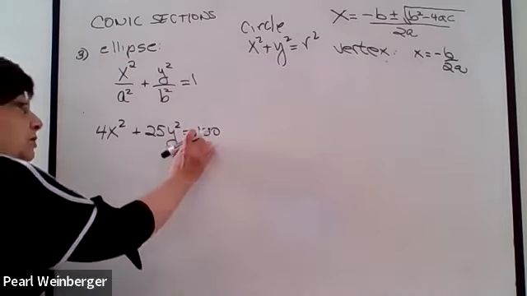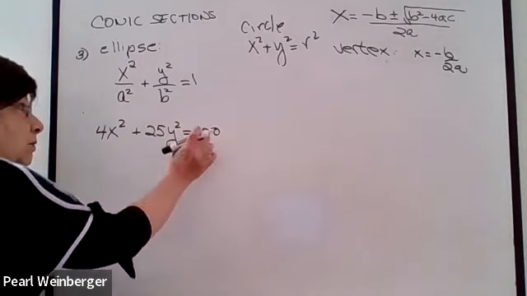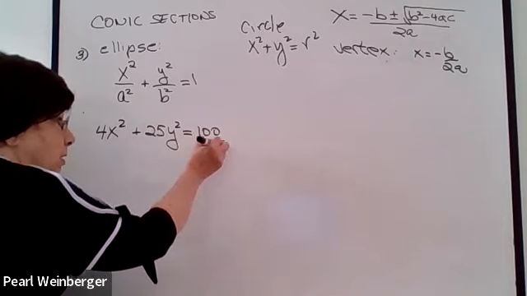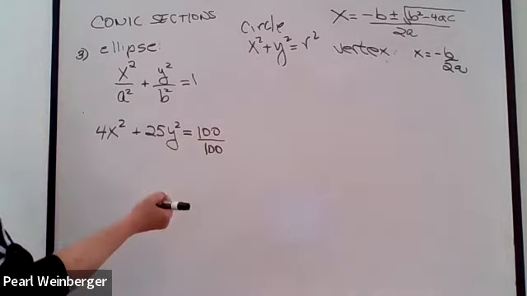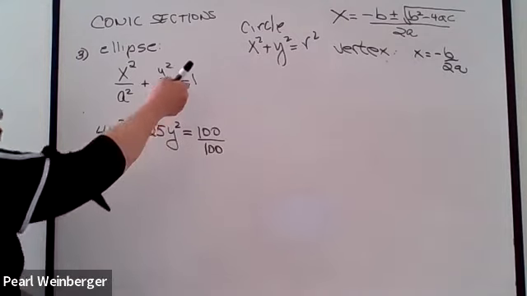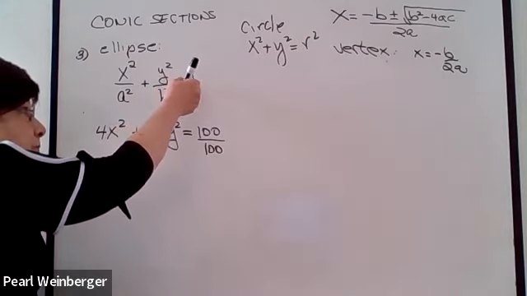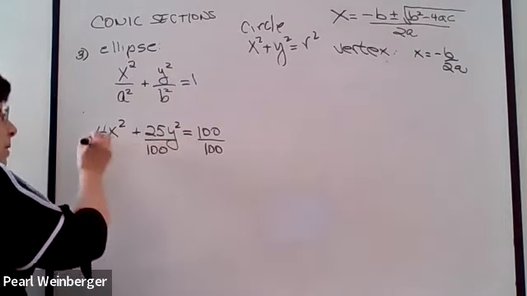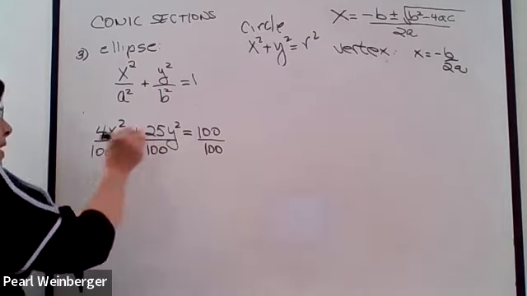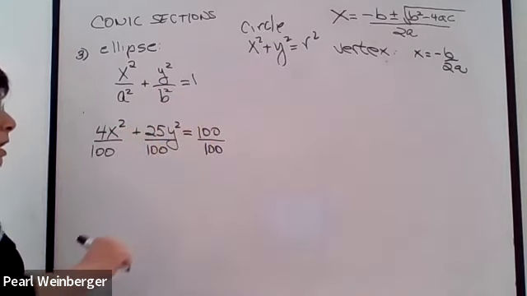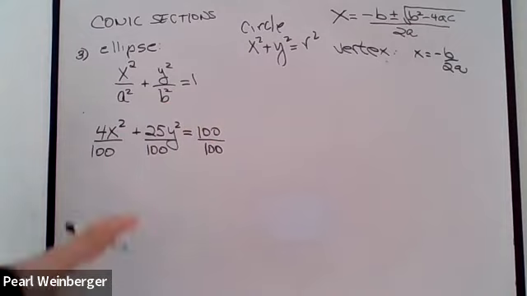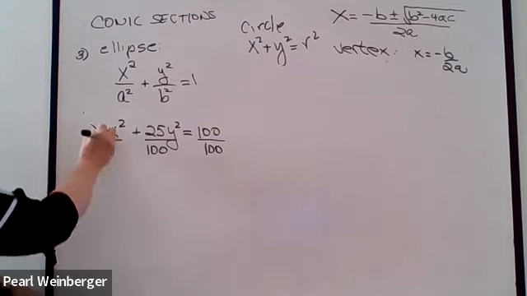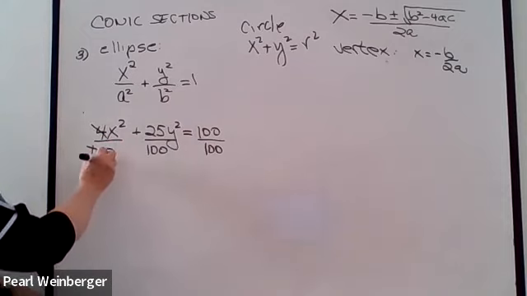So how do we put this in standard format? Well, we just look at this number that's on the other side of the equation. It's 100. I'm going to divide by 100 because 100 divided by 100 will give us 1. We need it in standard format to equal 1, which means I have to divide everything by 100. So I divide by the number on the other side of the equation, and I simplify. Well, the 4 into the 100 will cancel out and give me 25.